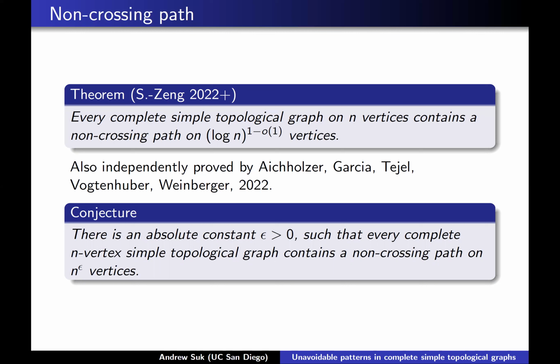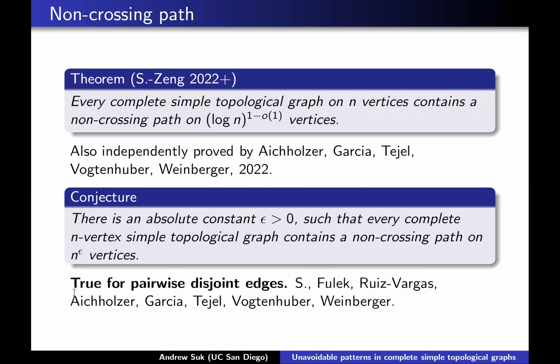So polynomial size instead of logarithmic. The only reason we made this conjecture is because we know it's true for pairwise disjoint edges, as I mentioned earlier. But whether you can connect these pairwise disjoint edges and make a path, unfortunately, we weren't able to prove that.